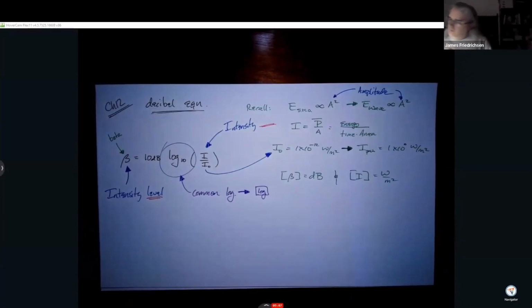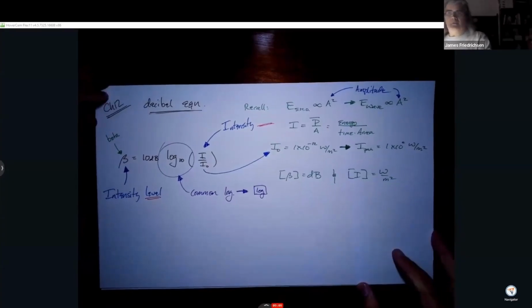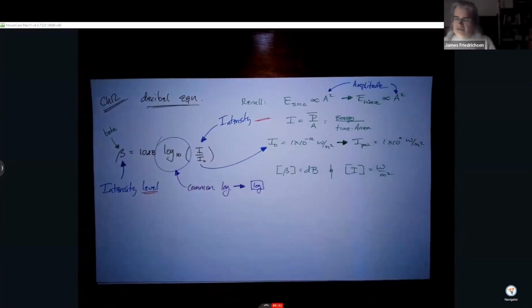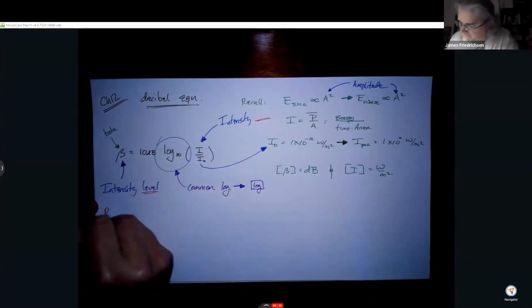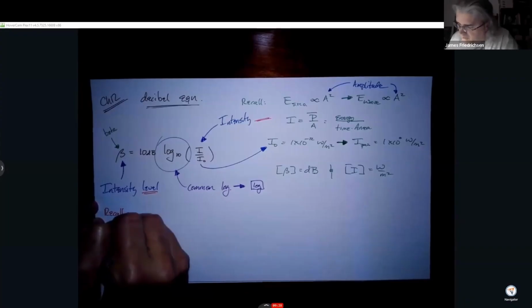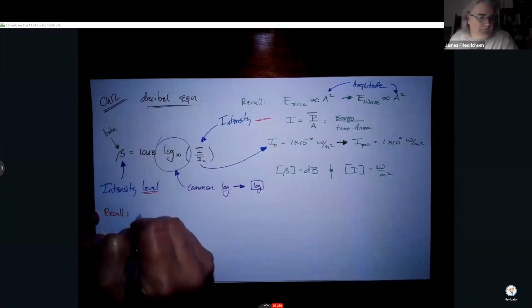What we want to do is make sure we can use the decibel equation to begin with. Not everybody's really friends with logarithms, so I at least want to have a discussion about how these things go. Let's talk about logarithms in general.